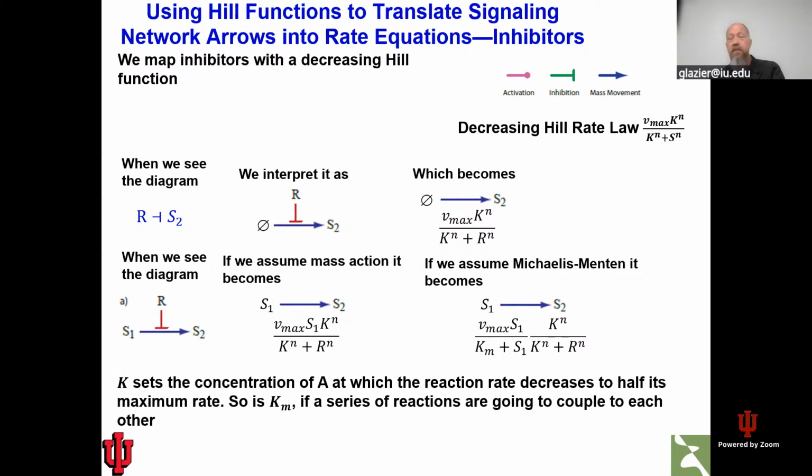And so if I have a metabolic network and I don't know anything except the arrows, these are the equations you start with. And the reality will be more complicated. But this will allow you to build a metabolic network just from the diagram that you can actually run and solve on a computer.